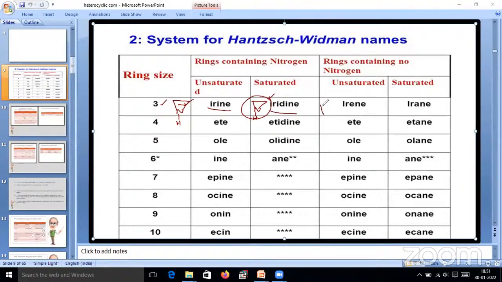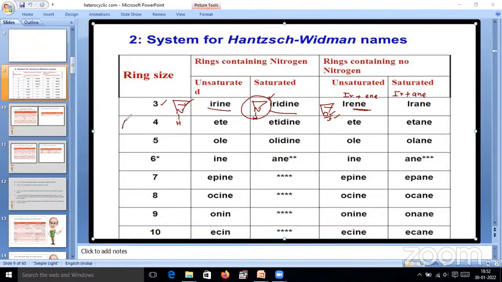Suppose if it is other than nitrogen atom, it may be oxygen or sulfur with unsaturation, we can write irene, simple ene, ir plus ene. In case of saturated system, for 3-membered, the suffix is ane. So for oxygen, sulfur, silicon, phosphorus, arsenic, whatever it may be, we can write it as like this.